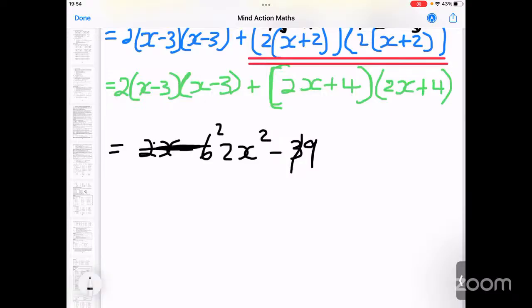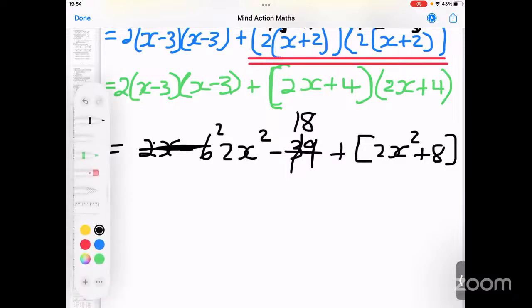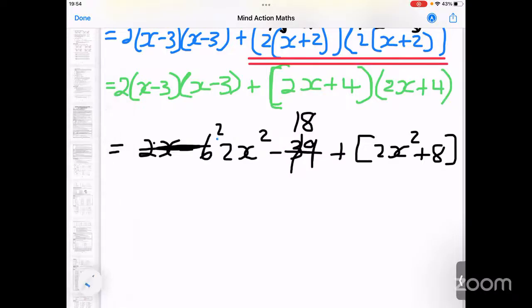Now you want to cancel that 39. You don't write 18 there, then continue. This is not how you present your maths answer, because now I'm no longer sure as the marker whether this squared is part of the calculation or if it has been cancelled. I'm not sure if it belongs to 6 or whatever the case may be.